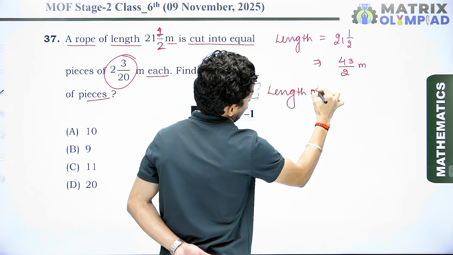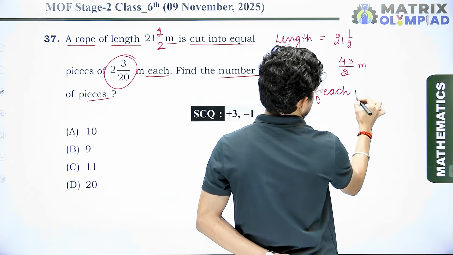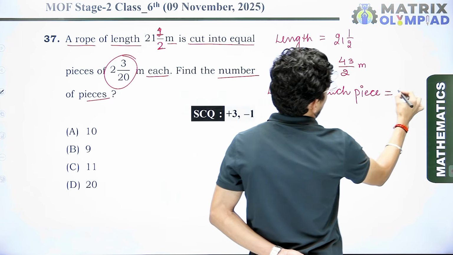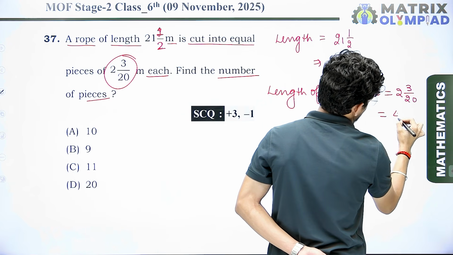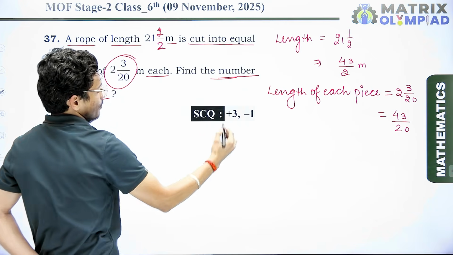the length of each piece, which is 2 and 3/20. It means 43/20. Here we have to find the number of pieces.